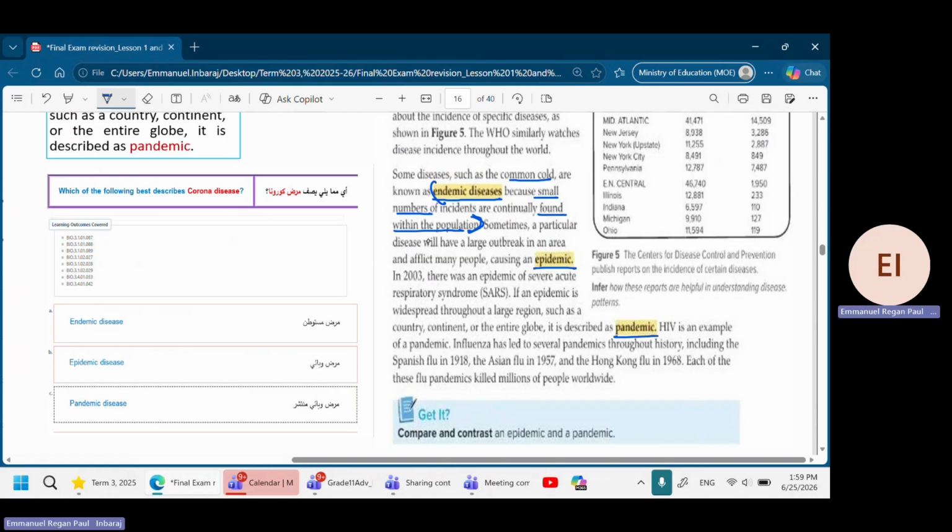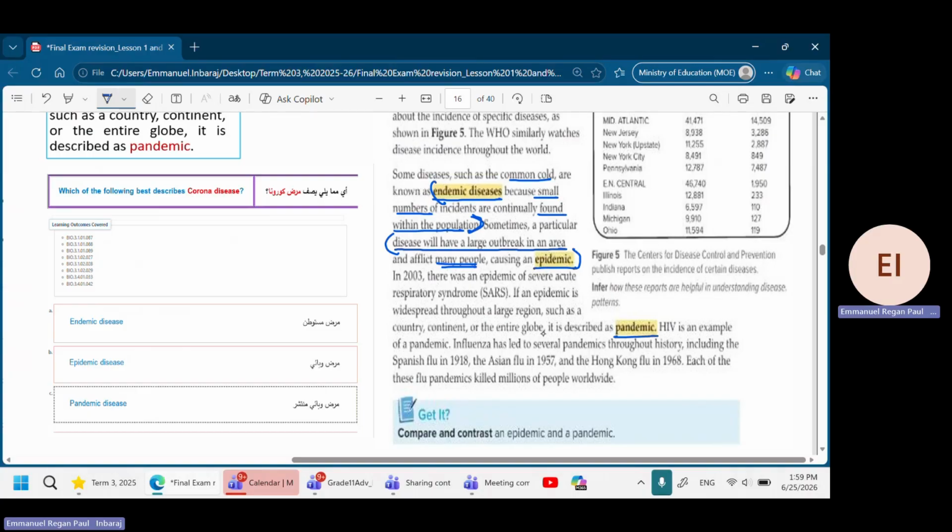Then, if a disease has a large outbreak in an area, it is called epidemic. It affects many people. Endemic affects small numbers within the population. Epidemic is a large outbreak in an area and it affects many people.